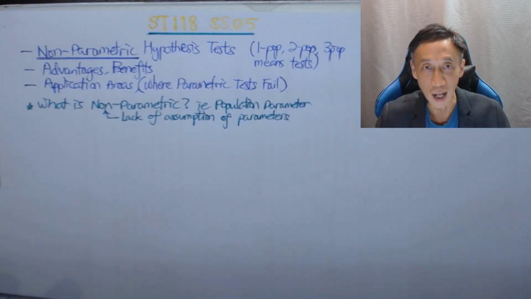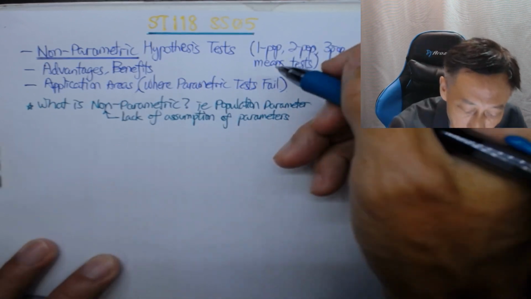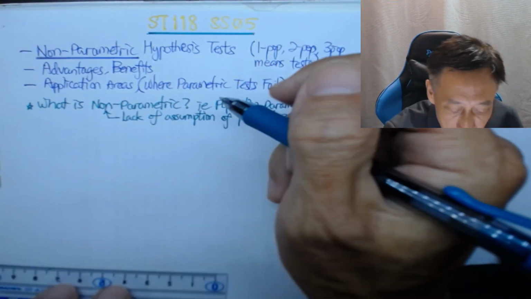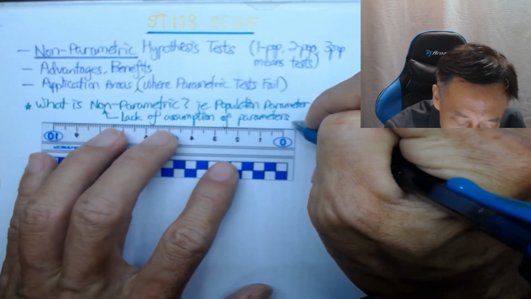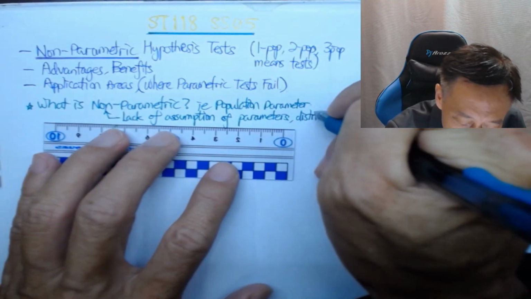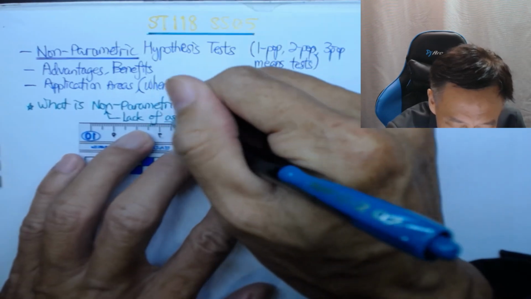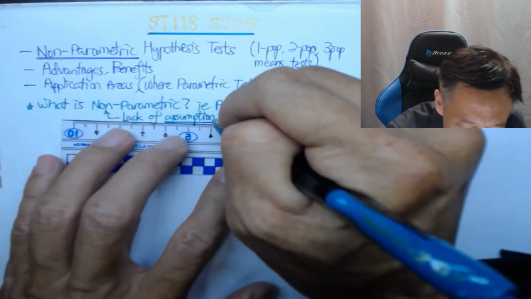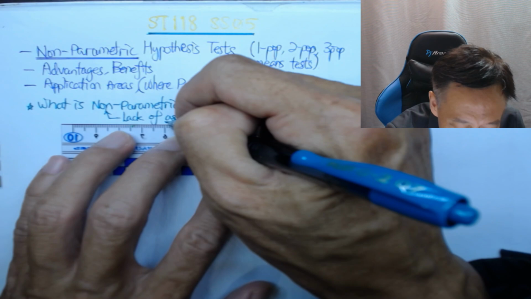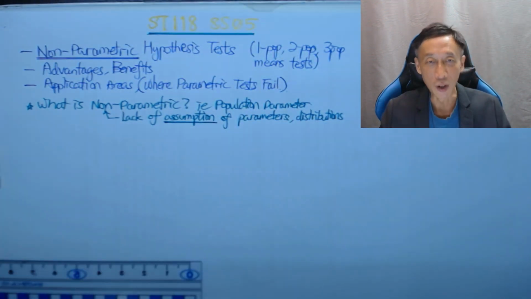We try to cope with it and still do it in a parametric way. So there are assumptions of parameters, distributions, and various other assumptions, such as about variances. The lack of assumption is a very liberating benefit already.